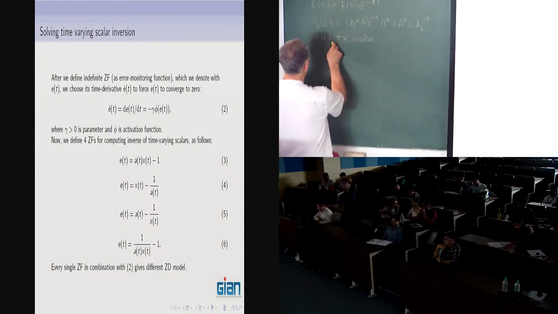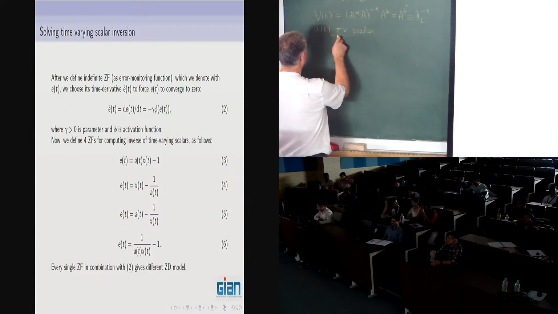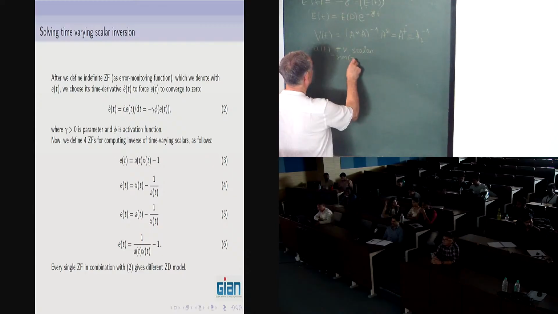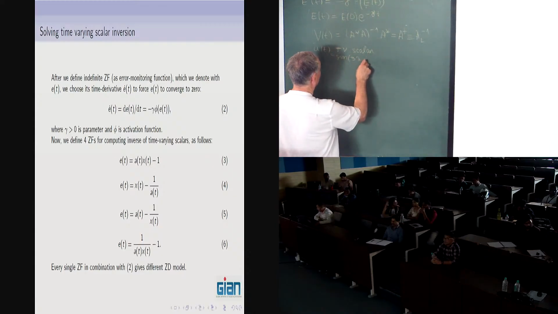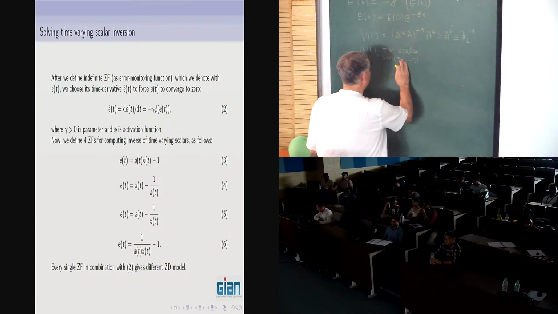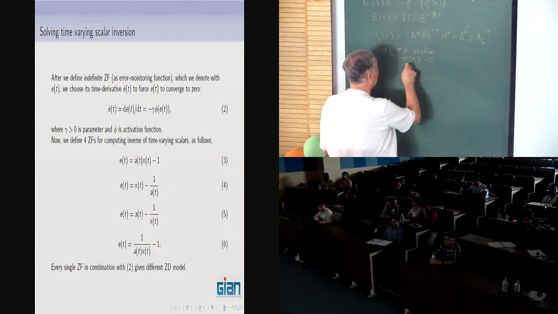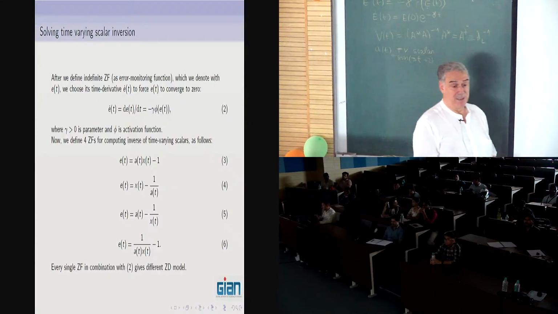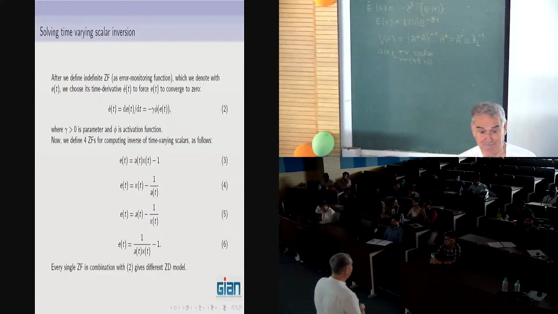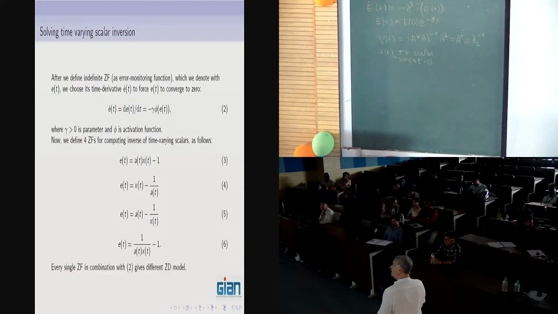For example, a of t can be sine of 3t plus 2, sorry, 3t, we consider here dependence on time, and so on.